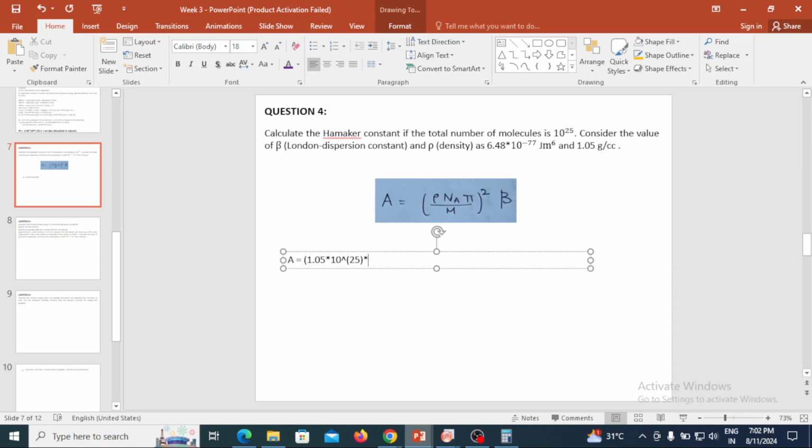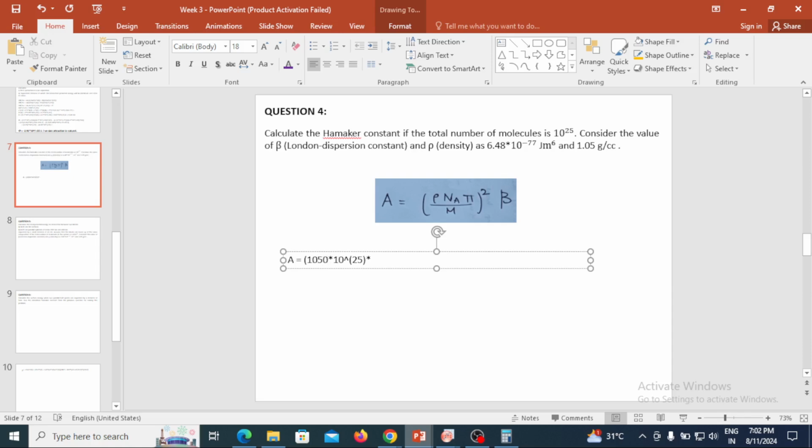Since the value of beta is in meter and density is given in centimeter cube, you need to change that to meter. So 1 gram per cc is 1000 kg per meter cube, right?